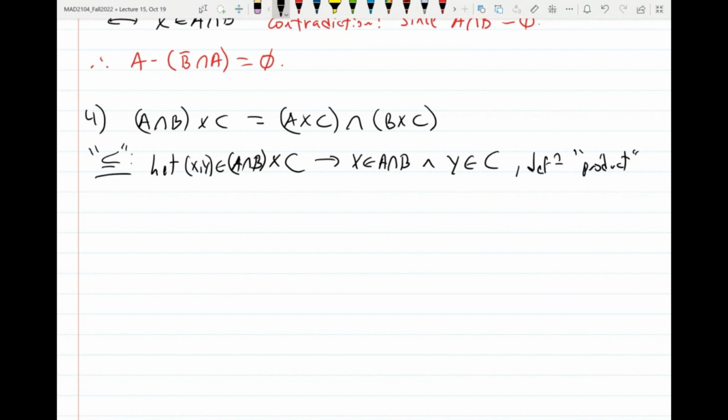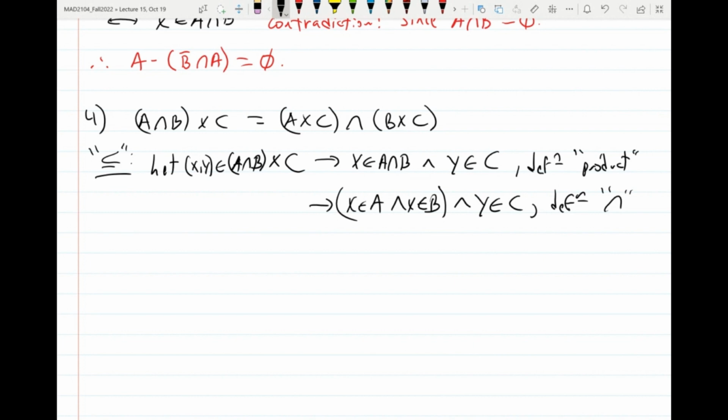Okay? And then we can play a little trick. In fact, so now this means X is in A and X is in B and Y is in C. So here all I used was the definition of intersection. Now, if I want to build this, that means that I need another pair, right?